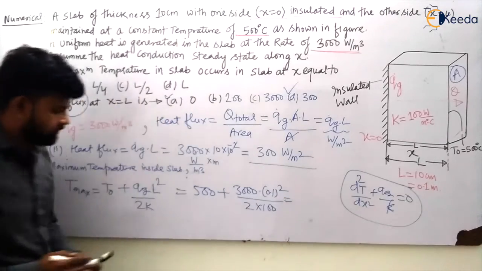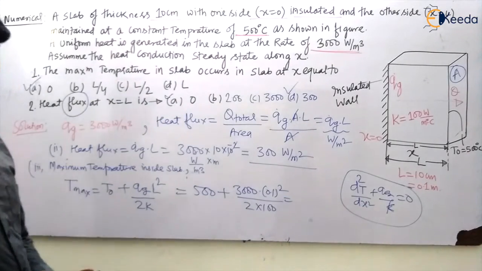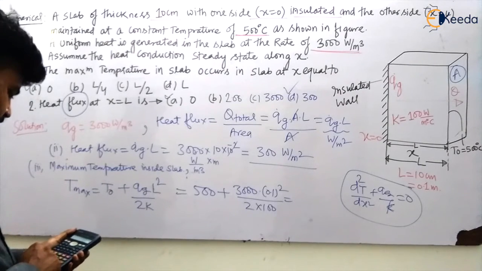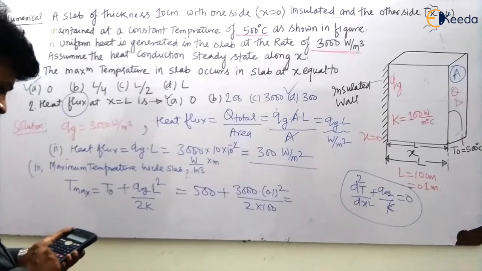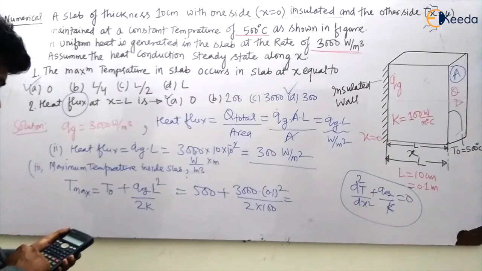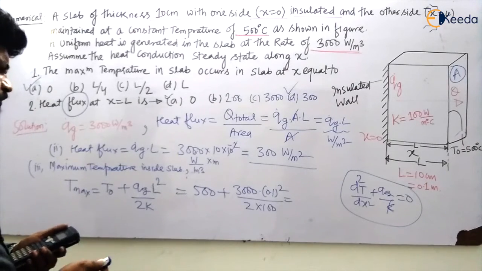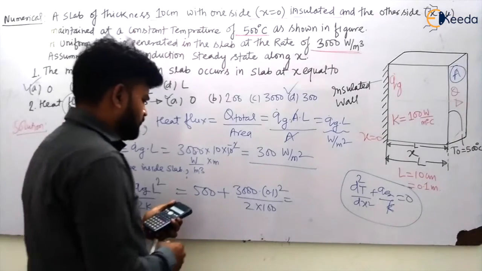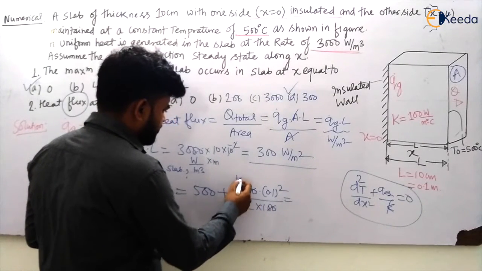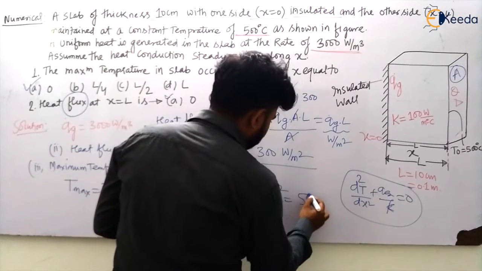So this will be 3000 multiplied by 0.1 square divided by 200, plus 500. So this will become 0.15. This will be 500 plus 0.15.